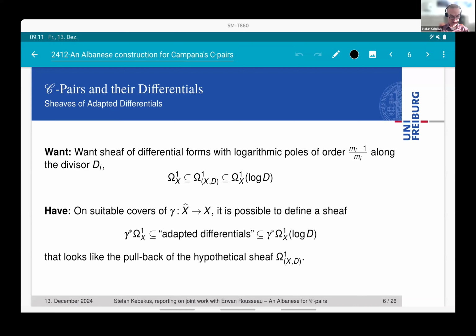And right, we know that isn't possible, but what we have is that on suitable covers, it's possible to define a sheaf that looks like the pullback of our hypothetical sheaf that doesn't exist because the root function is not well defined.